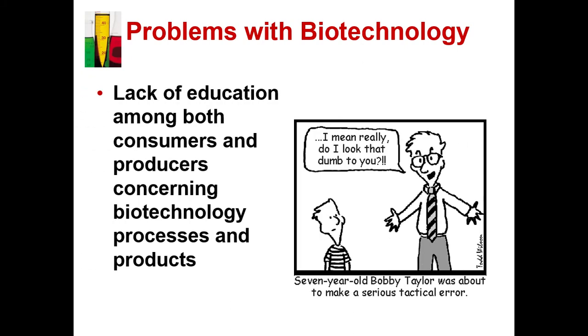The next one is lack of education among both consumers and producers concerning biotechnology processes and products. If someone does not have specific knowledge about these biotechnological techniques, their use and their drawbacks, it can cause a big problem.